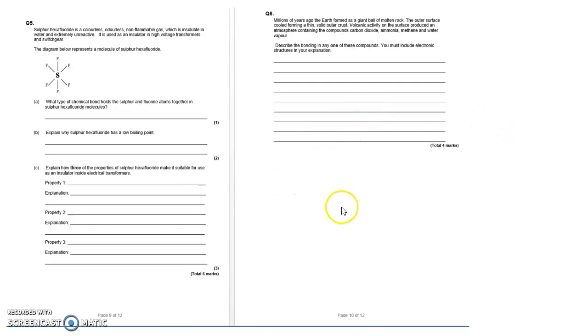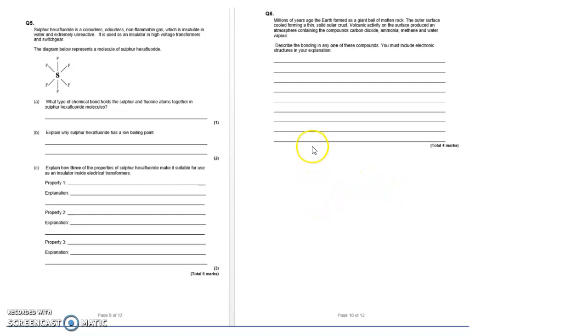You've been given a choice of compounds here: carbon dioxide, ammonia, methane, water vapor. All of those compounds are simple molecules. And you know the type of bonding between non-metals. You are writing here about covalent bonding. Try to make 4 clear points about what is happening.